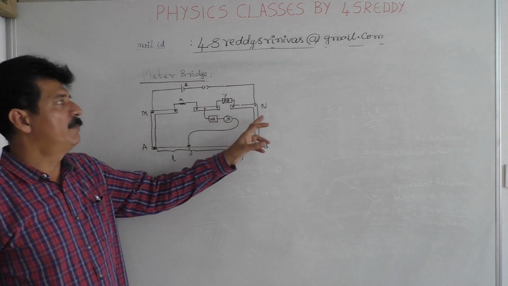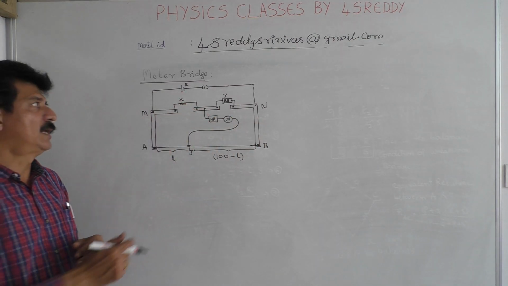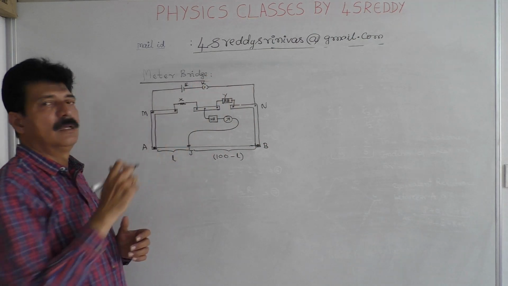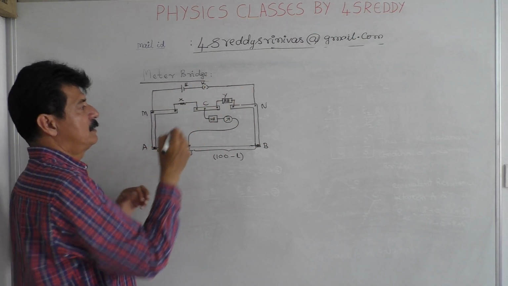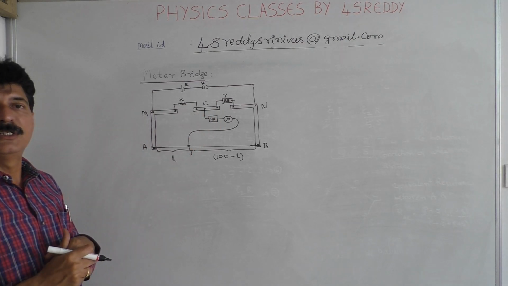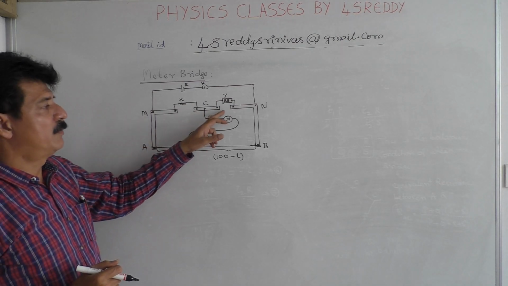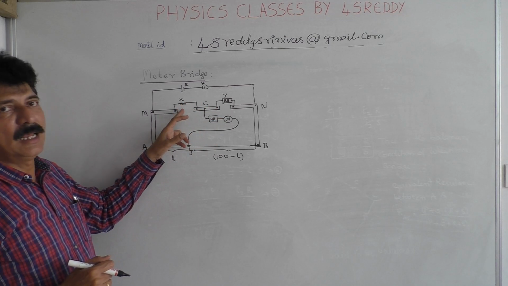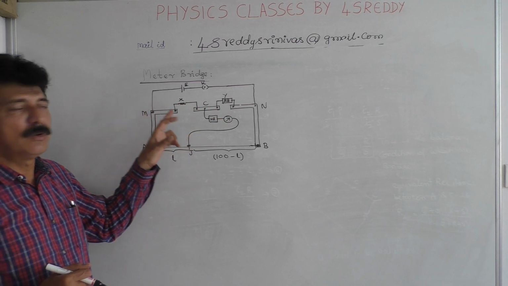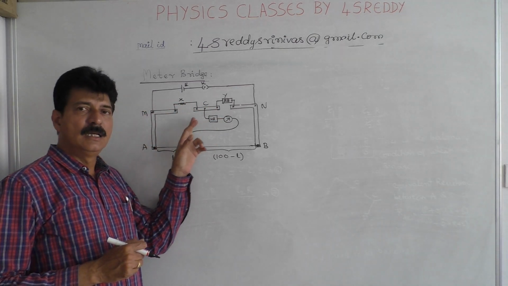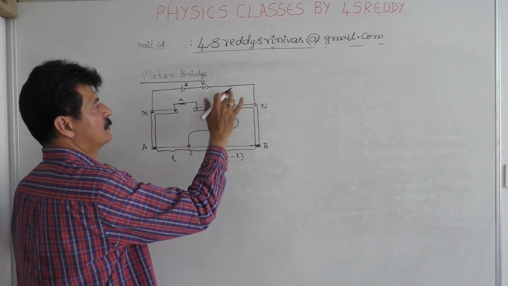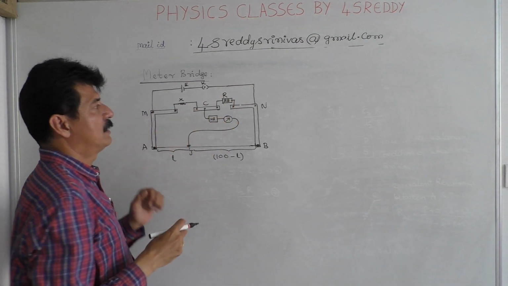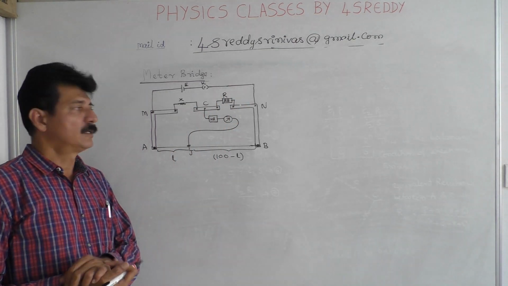The terminals M and N are connected to a cell of EMF E and plug K as shown. And a metal strip C is mounted in between these two, so that it provides two gaps. In the left gap, a wire of unknown resistance X is connected. In the right gap, a known resistance box having a fixed resistance is connected.